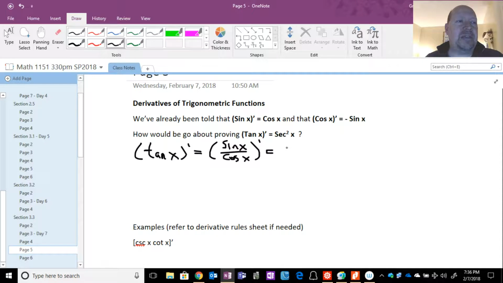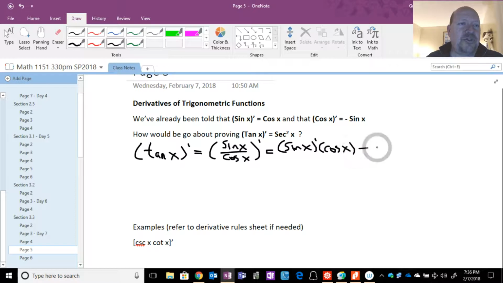So how do we apply the quotient rule for a derivative, from the other class the other day? It's going to be the derivative of the numerator, so in this case the derivative of sine x, times the denominator as it is, so times cosine x.